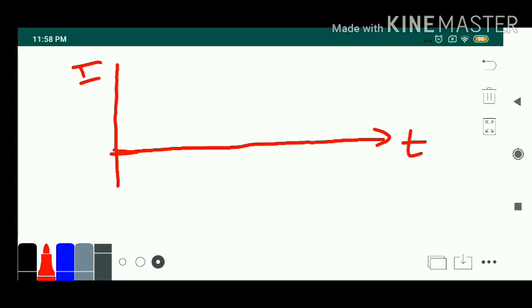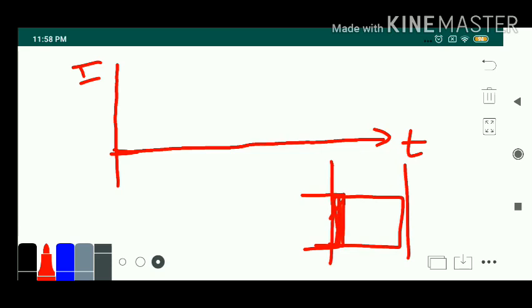Now what is happening logically? The coil was entering this field, gradually entering with velocity v. When the entire coil has reached inside the field, after distance L, at which time is it going to reach? L by v.